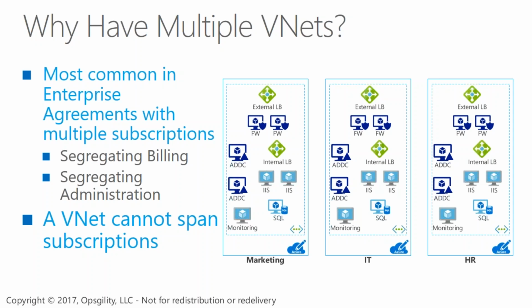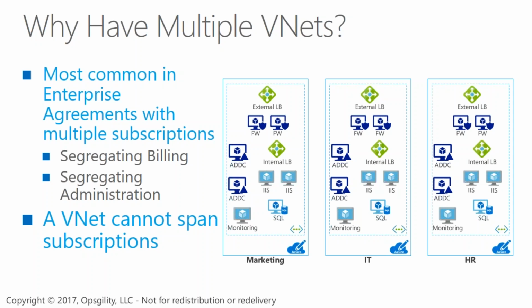Well, it's very common for most enterprise customers that have a very large organization to spin up multiple Azure subscriptions. Now, an Azure subscription is going to contain one or more virtual networks, and a virtual network cannot span subscriptions.